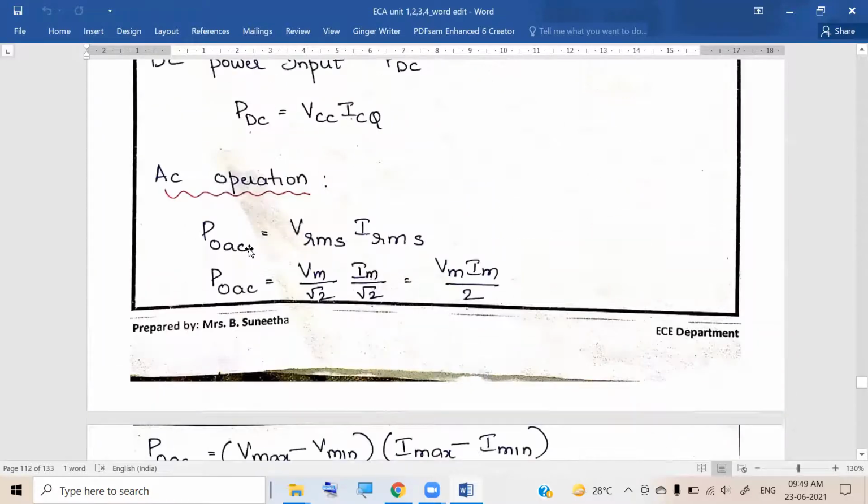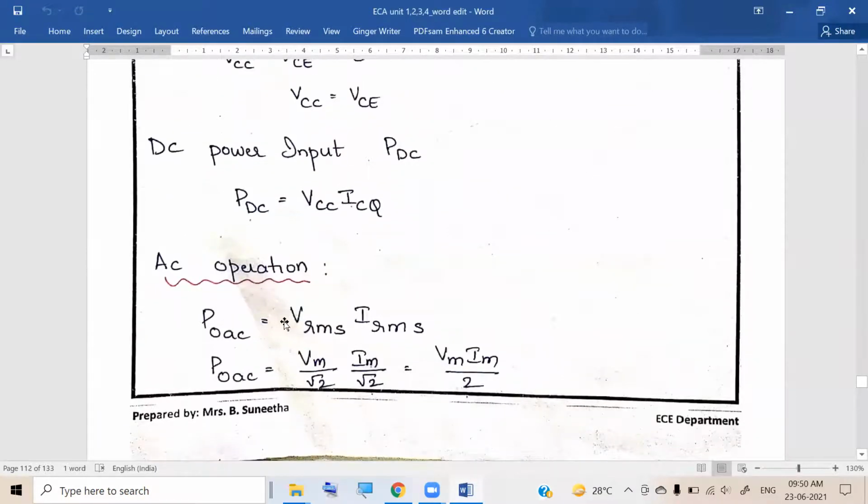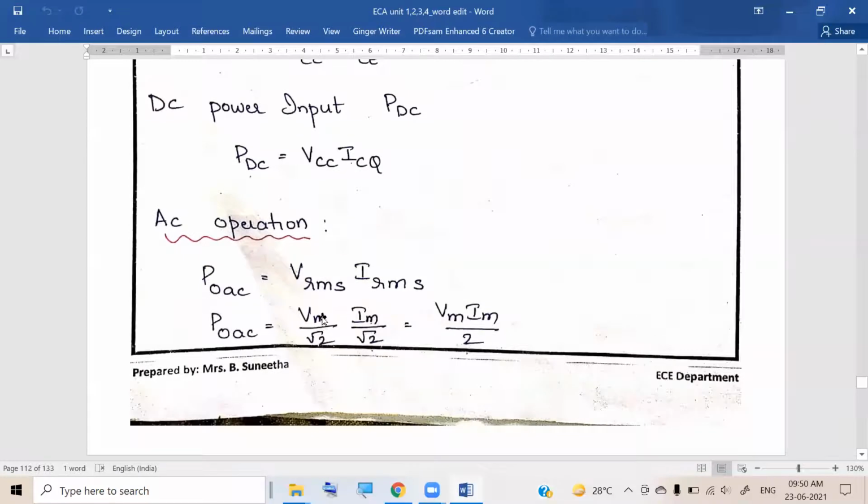Anyway, output AC power is Vrms into Irms. The RMS value of a sinusoidal signal is Vm by root 2. So Vrms is Vm by root 2, Irms is Im by root 2. So P naught AC will be Vm into Im by root 2 into root 2, which is Vm into Im by 2.